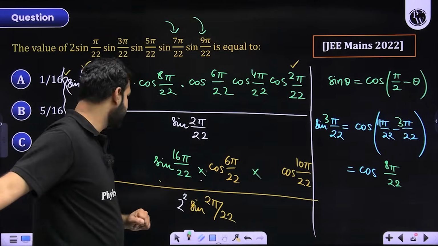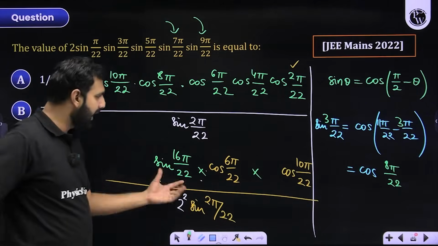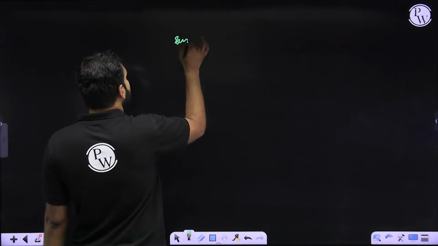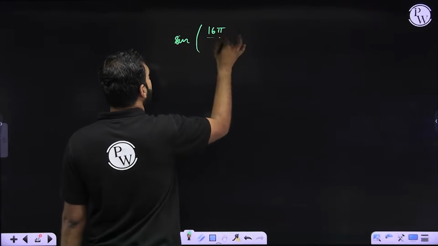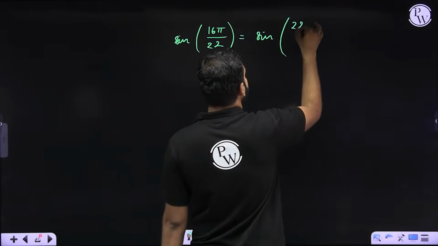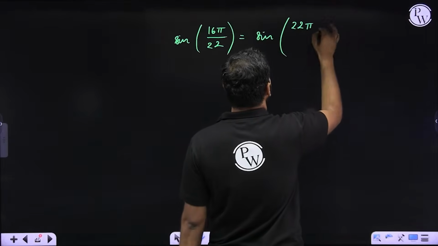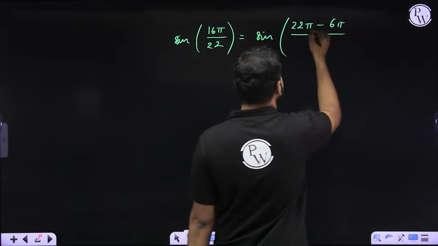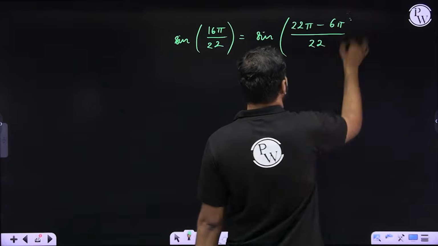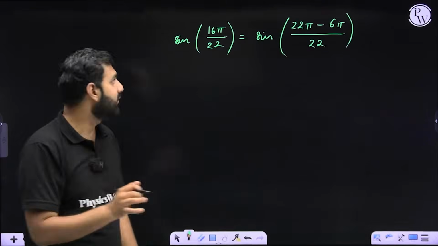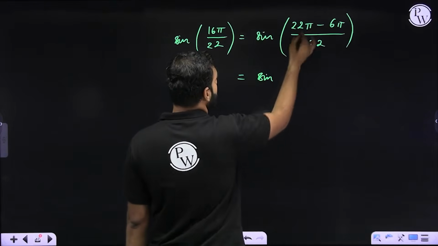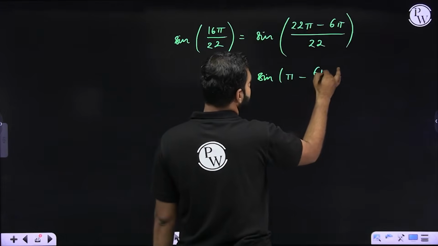See, sine 16 pi by 22, can I write it as sine 22 pi minus 6 pi, because 22 minus 6 is 16? Do you all get that? So 16 pi I have written as 22 minus 6, which makes it sine, 22 by 22 is pi, minus 6 pi by 22.